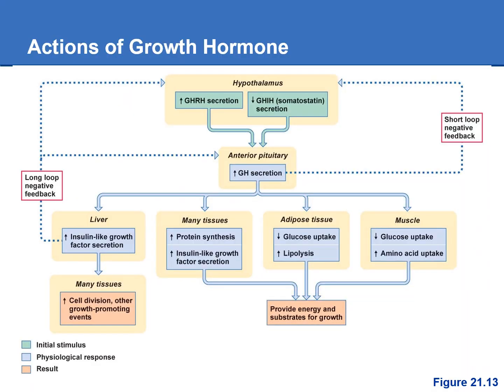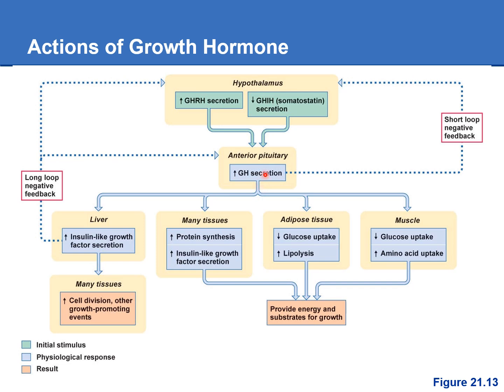Okay, and this is just a nice flow chart from your book that goes over the actions of growth hormone. So if we start up here at the top, remember the hypothalamus is in charge here. We've got the two hormones, GHRH and GHIH. So if we have GHRH being released by the hypothalamus into the portal system, it goes to the anterior pituitary, and it tells the anterior pituitary to release growth hormone.